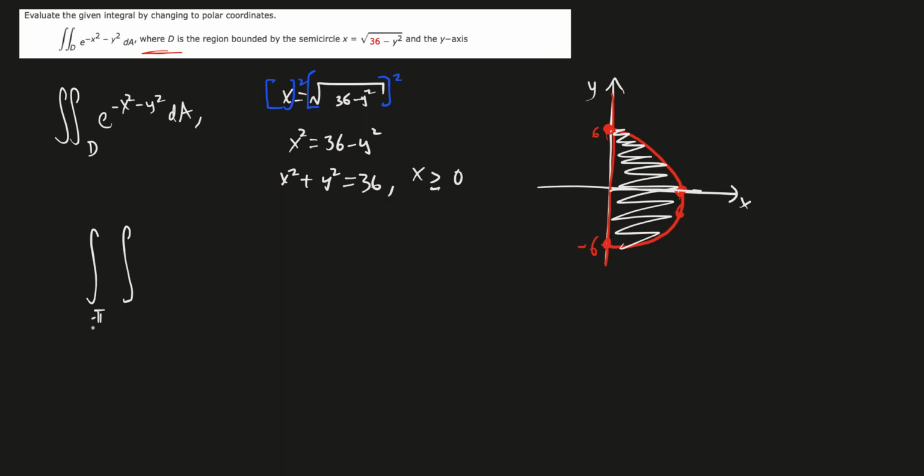That's what I like to do when we have this kind of situation. Your lower bound has to be smaller than your upper bound, and the way you can do that is just go from negative pi over 2 to positive pi over 2. It's basically this entire region. And then r goes from, you can use a similar method to what I used in example 3 of this video series.